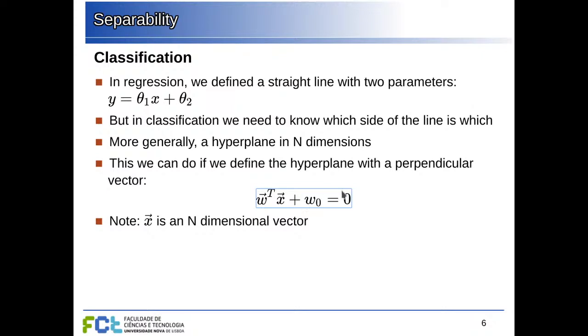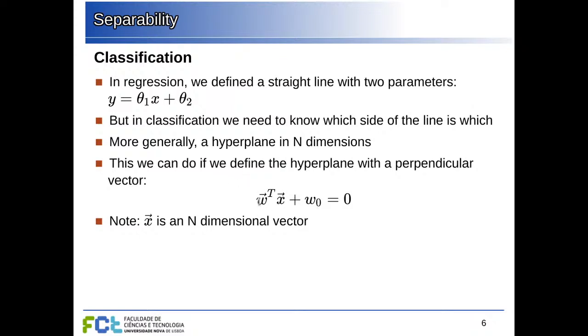And the division between the two classes occurs when this expression is exactly 0. On one side, this expression will be negative, because this part here will be smaller than 0, and on the other side, it will be larger than 0.